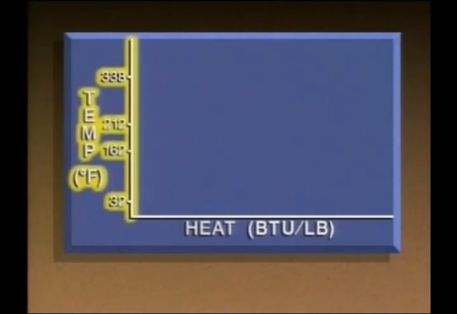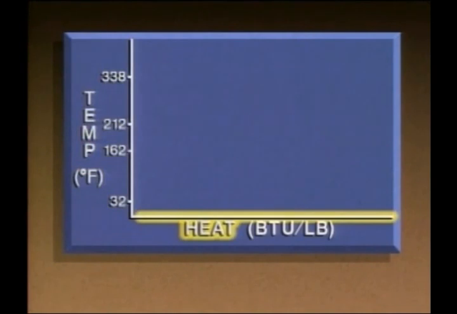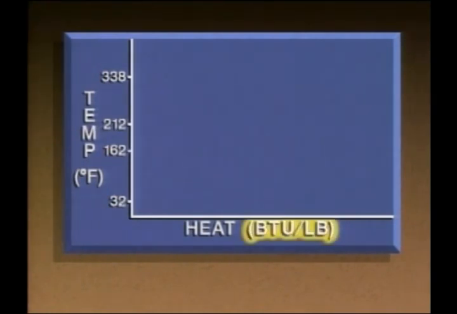The vertical axis represents temperature in degrees Fahrenheit, and the horizontal axis represents heat. We'll use a pound of water as a standard, so the heat's measured in BTUs per pound. A BTU is the amount of heat needed to raise the temperature of 1 pound of water 1 degree Fahrenheit.